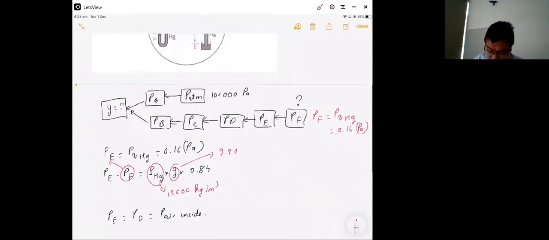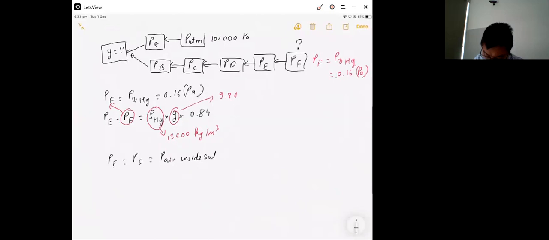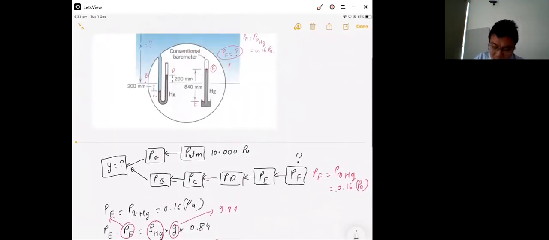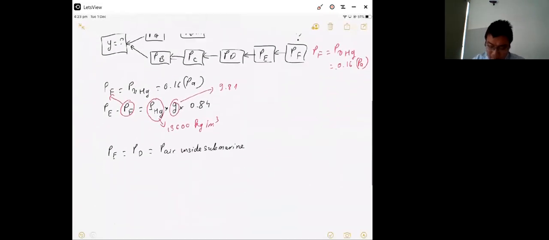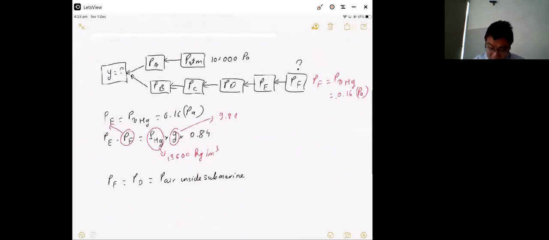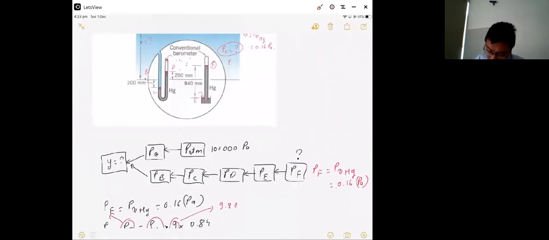This one is open and this one is open, and air can flow in here and air can flow in here. So pressure D equals pressure E equals the air pressure inside the submarine. And now F you got it, E you got it, D you got it.